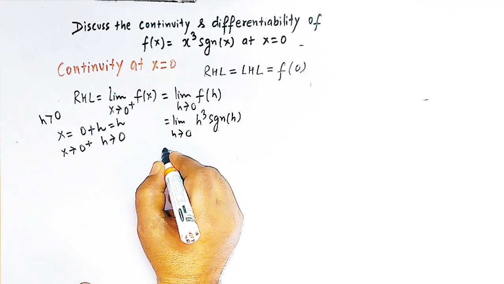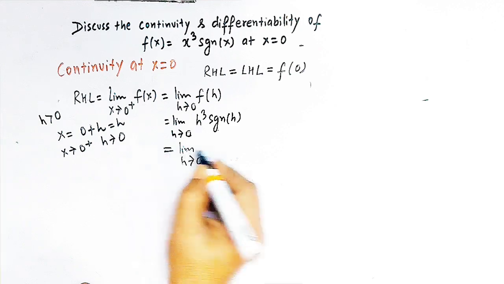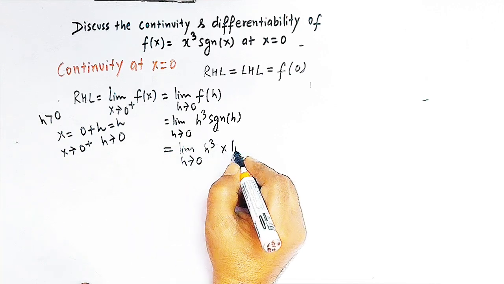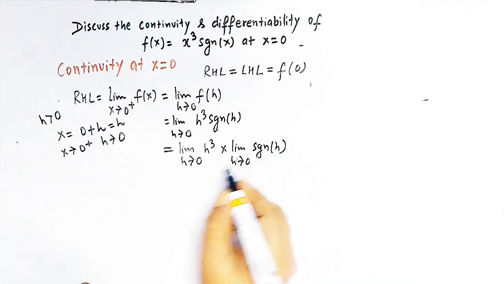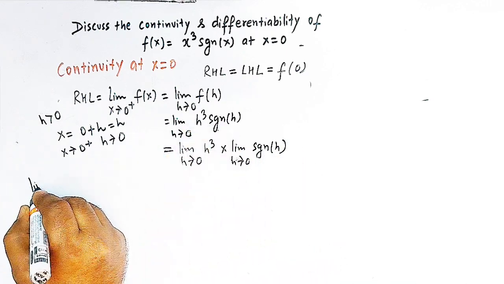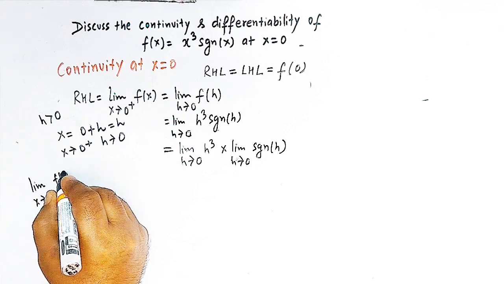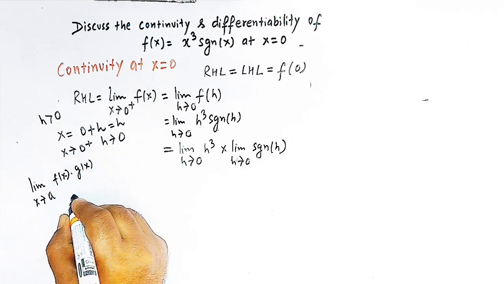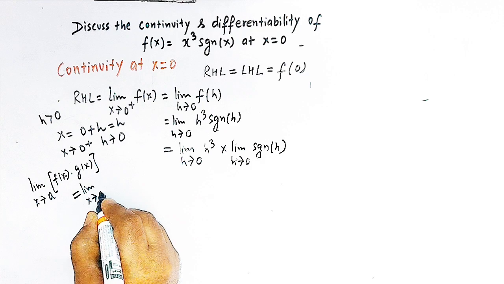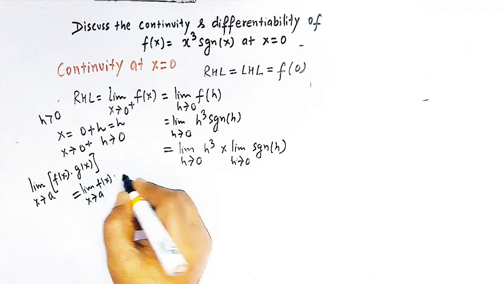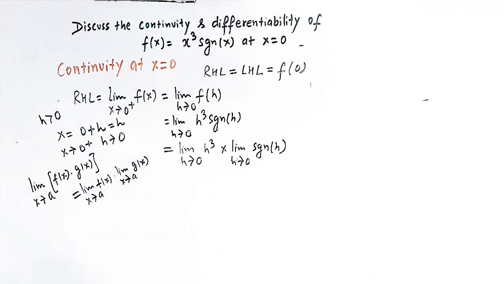Okay, so now we have to evaluate this limit, that is h cube times signum of h. So now we can write this limit as limit h tends to 0 of h cube, and then we have limit h tends to 0 of signum of h, right? So here we have used this result, that is limit x tends to a, and if we have the product of two functions, then this limit is given by limit x tends to a of f of x, and then we multiply it with limit x tends to a of g of x.